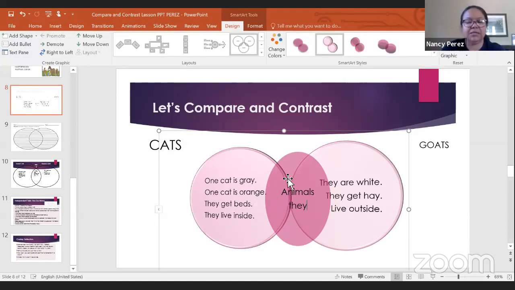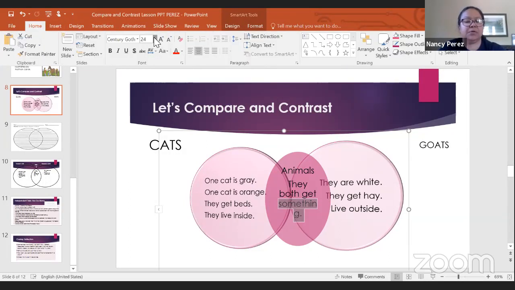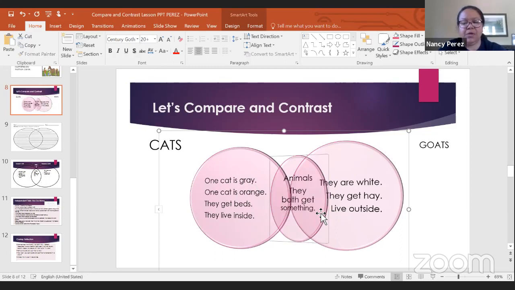So they both get something. Let me make this font a little bit smaller because you cannot see it well. Okay, both get something. Now, what else can we tell about how they are the same?